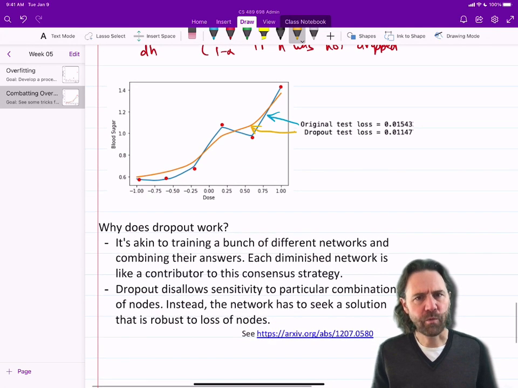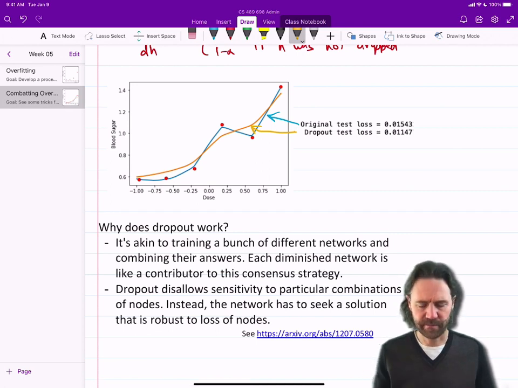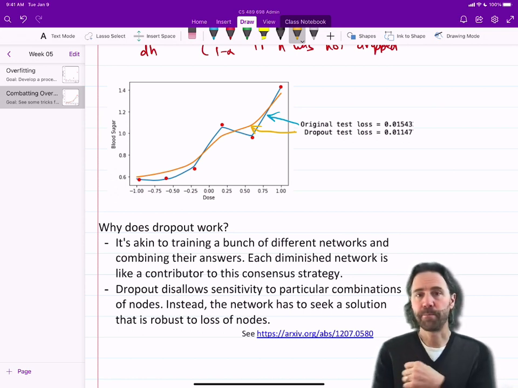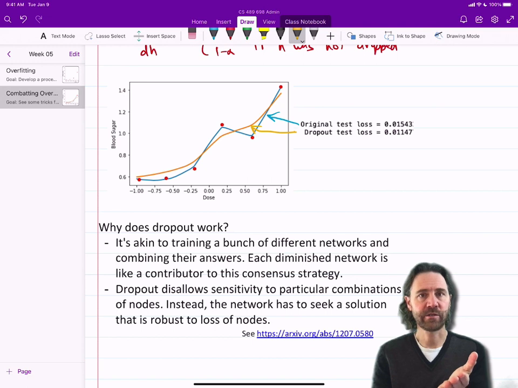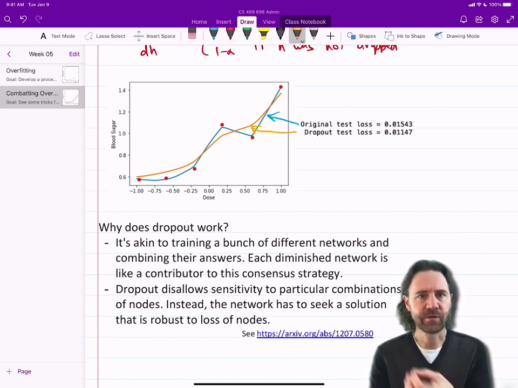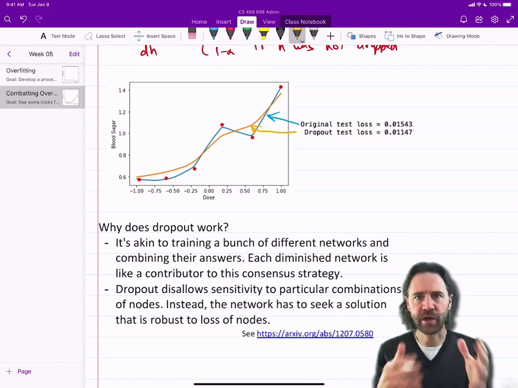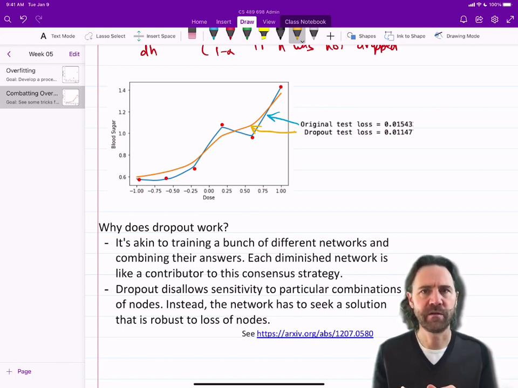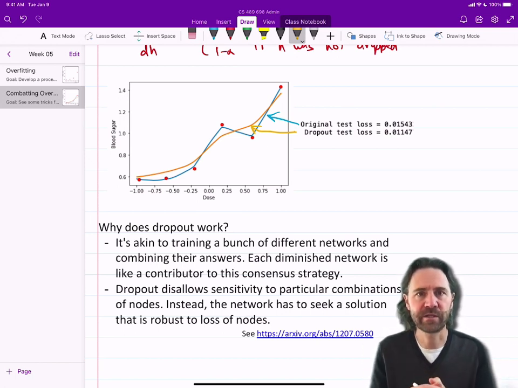Okay, so why does dropout work? There's a couple different ideas. One is that it's akin to training a bunch of different networks and combining their answers. Every time you run it, you get a different set of dropout nodes. So you're trying to train all these various networks together, and for them to perform well, it's kind of an average performance over all of those various dropout networks.